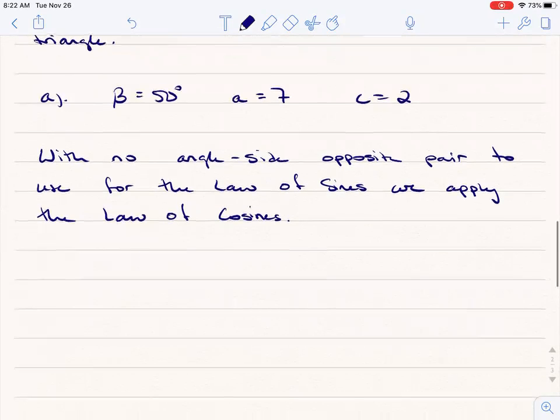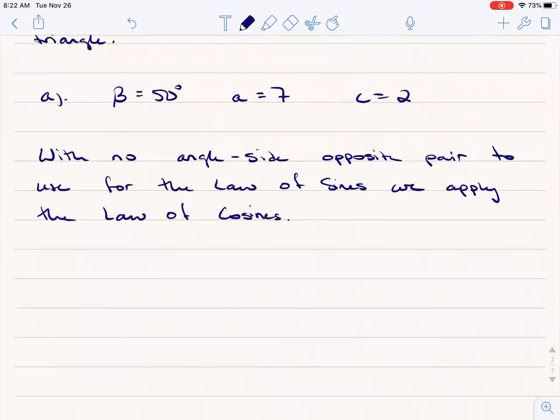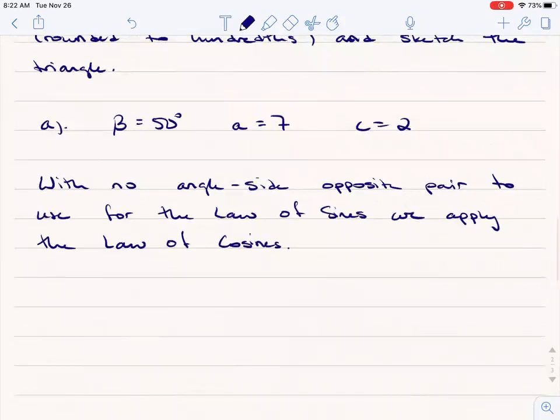So we can solve for the side that's missing. Solving for sides, I find, is a little bit more work than solving for angles typically.